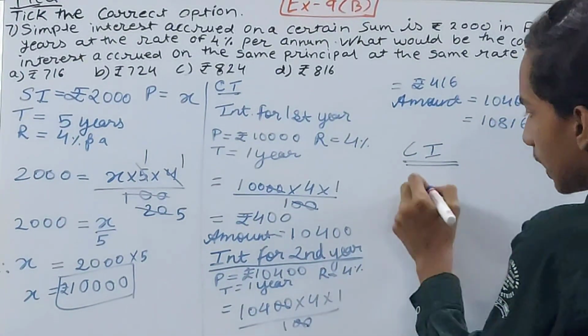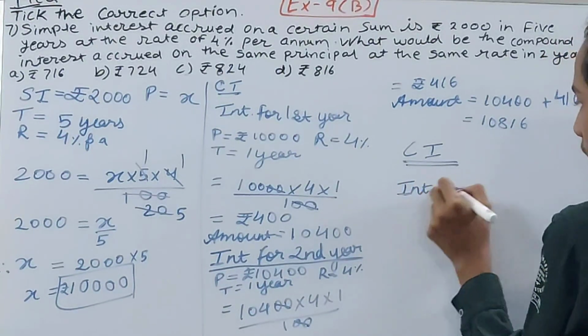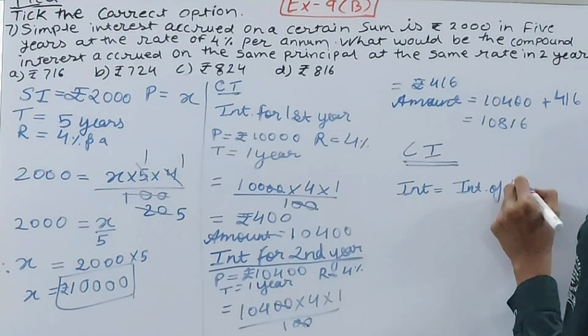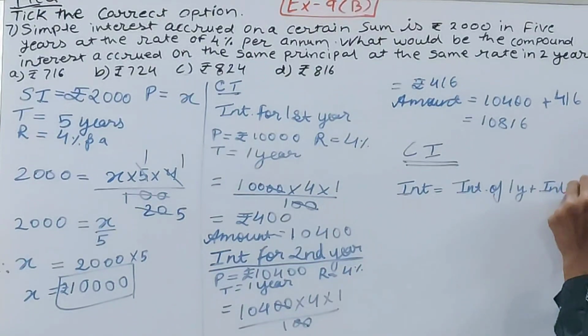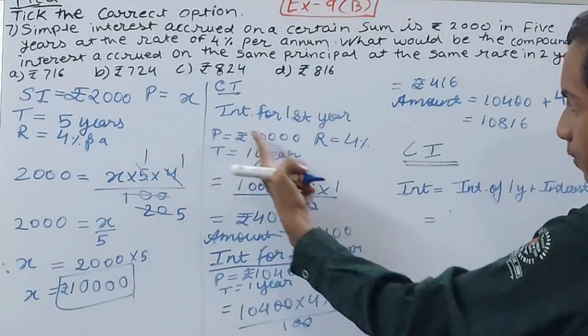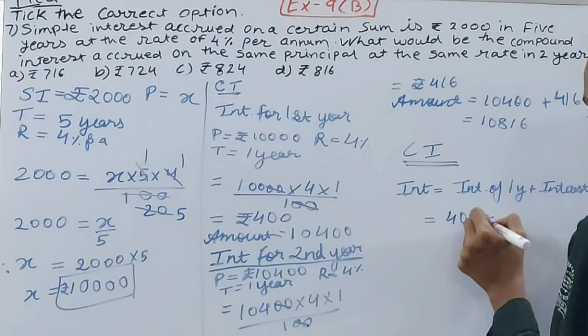So the compound interest is equal to the interest of the first year plus the interest of the second year. We have 400 as the interest for the first year, plus 416 for the second year.